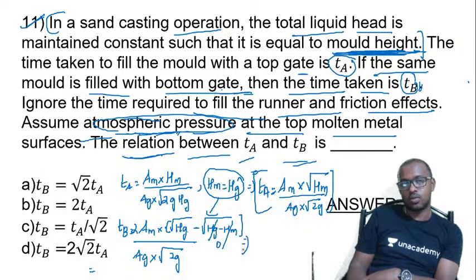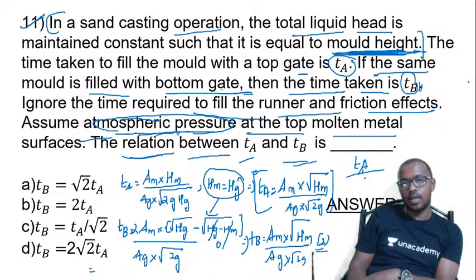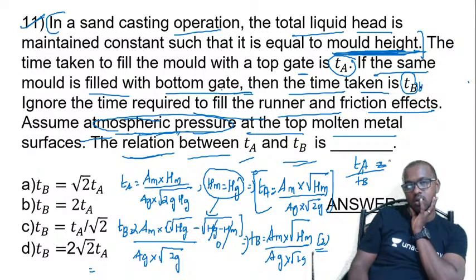This could be written as h of m. So that implies T of B is equal to a of m into root over h of m divided by a of g into root over 2g into 2. So when you cancel it up, the relationship T of A divided by T of B will be equal to 1 by 2.